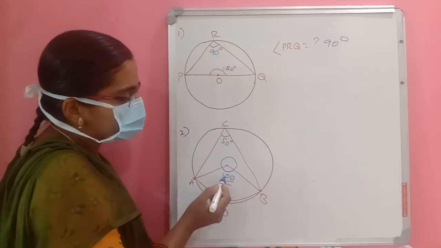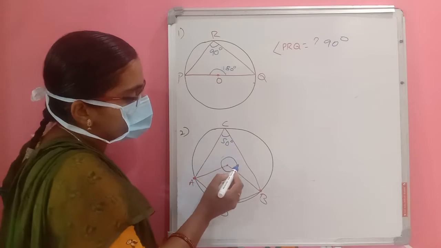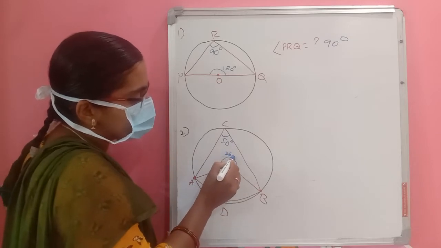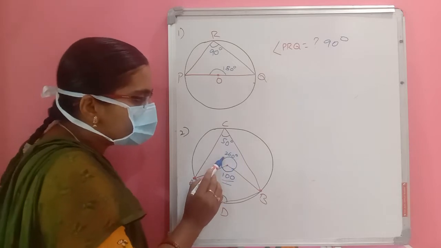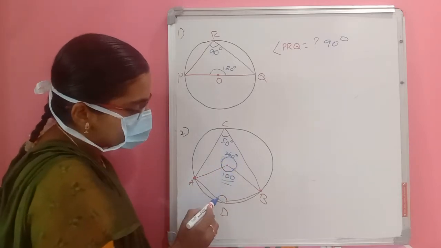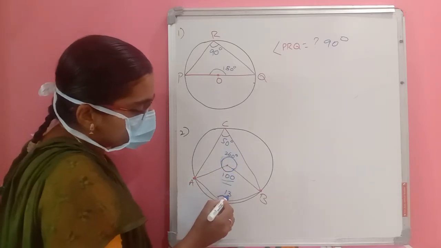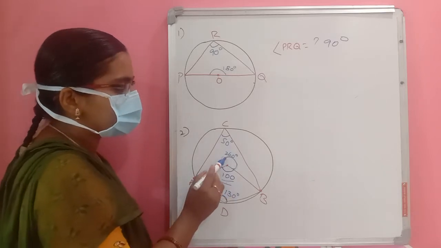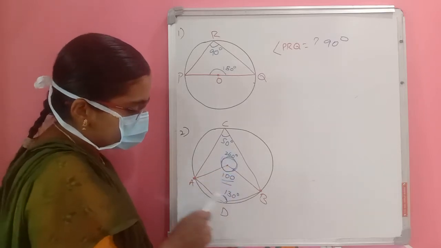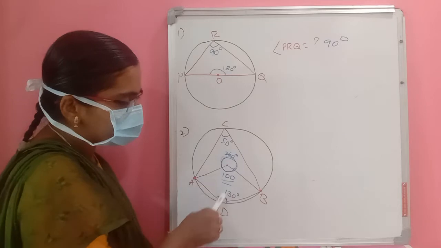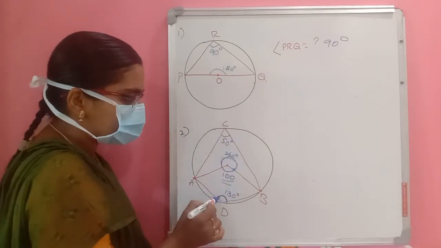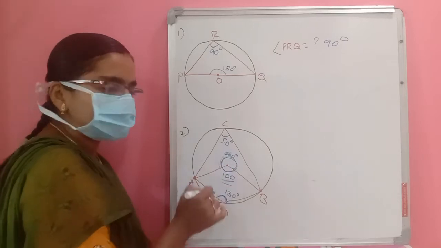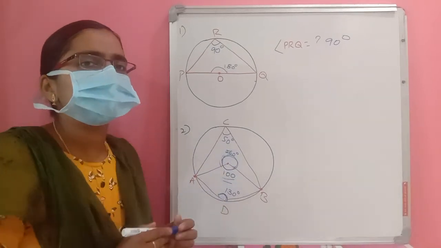When this is 100 degrees, the remaining part becomes 260 degrees. When this is 260 degrees, the angle ADB is half of that, meaning 130 degrees.